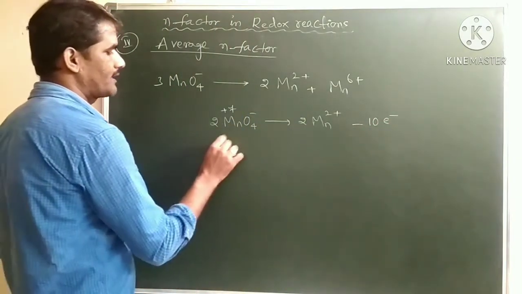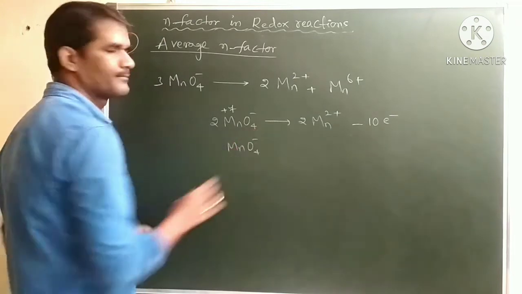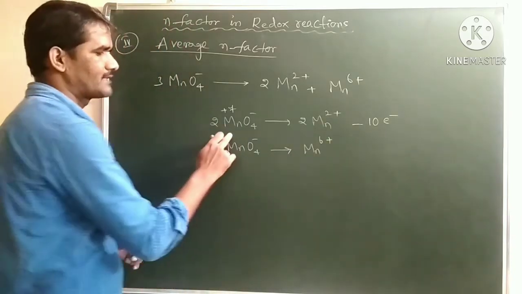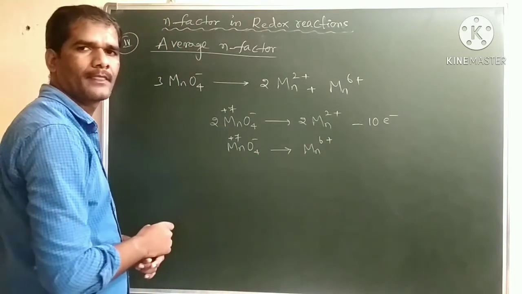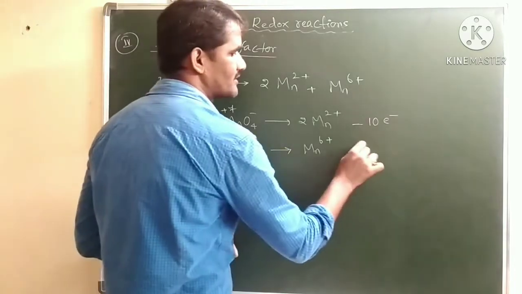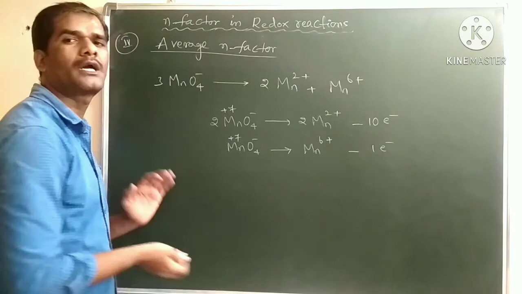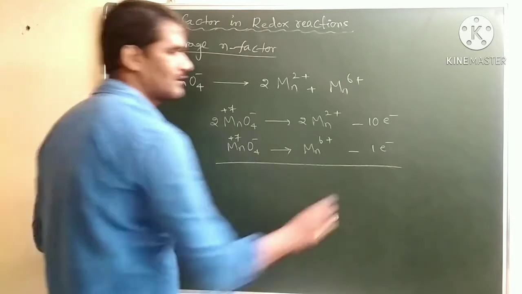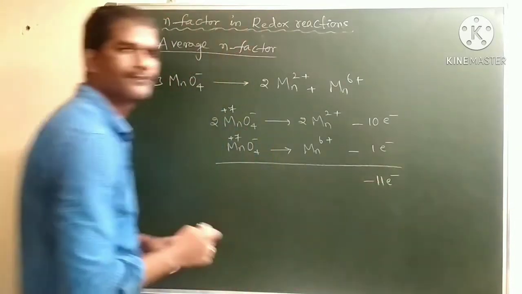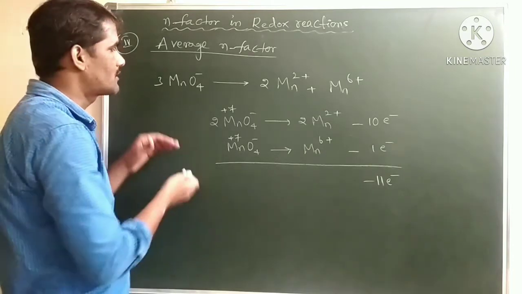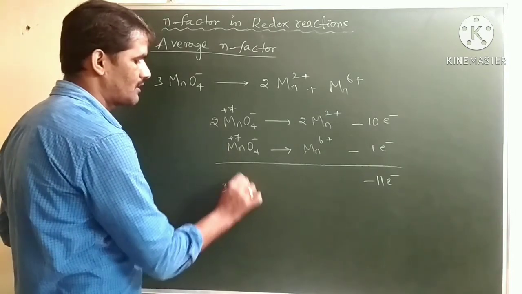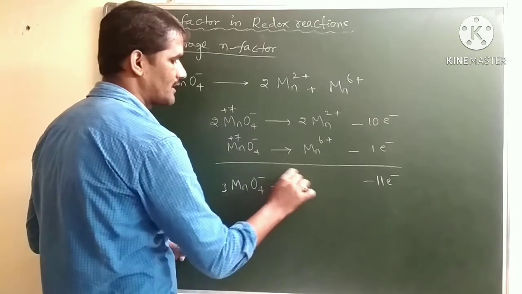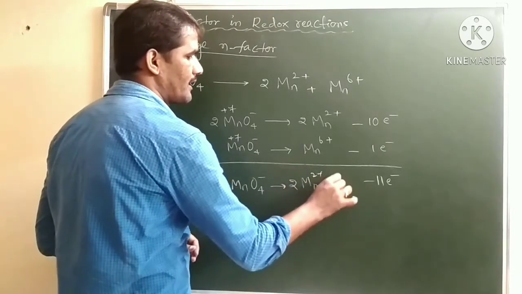The other MnO4 minus is changing into Mn6+. When I change +7 to +6, it is again only one electron. Now the overall electron transfer by 3 MnO4 molecules is 11 electrons. 11 electrons by how many molecules? 3 molecules take total 11 electrons, and they will give 2 Mn2+ and Mn6+.